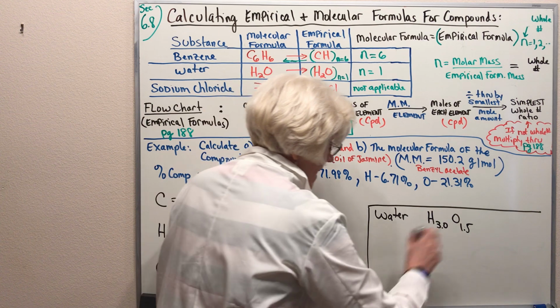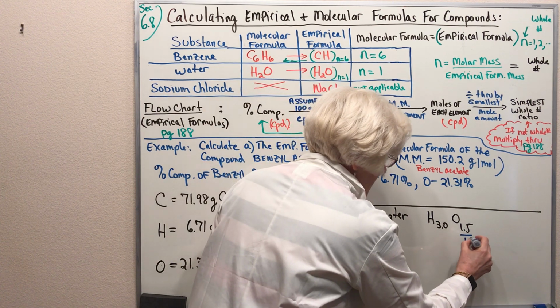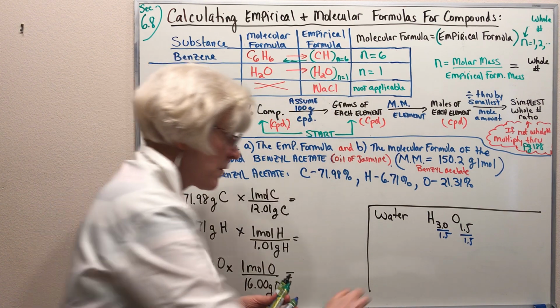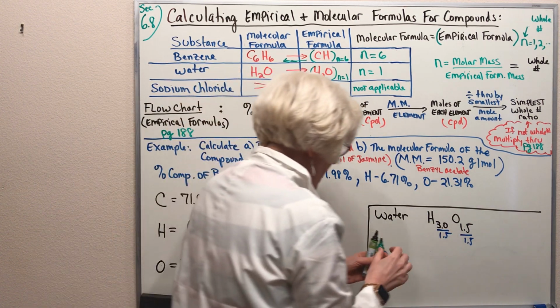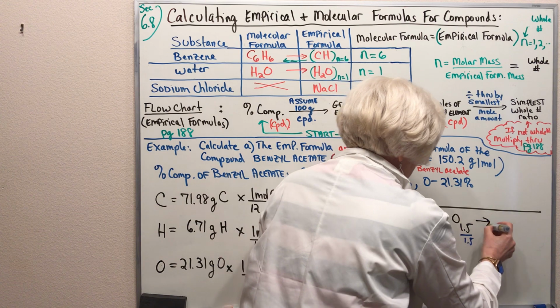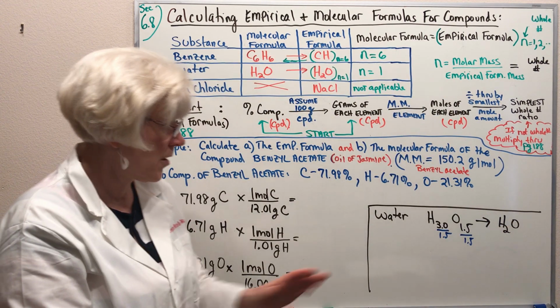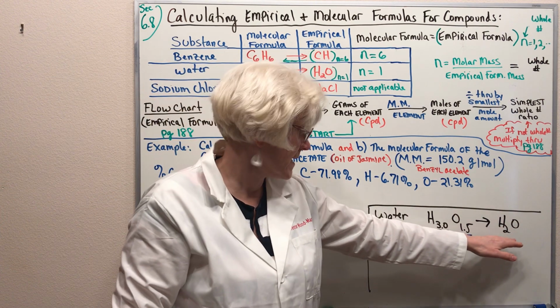But if you divide both numbers through by the smaller mole amount, you come up with H2O. And all of a sudden you go, oh, I know what that is.